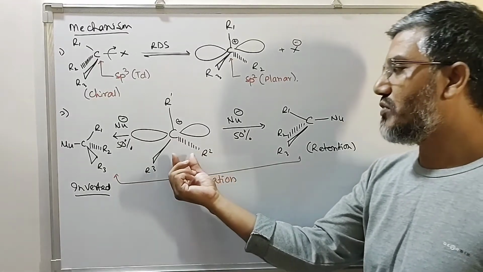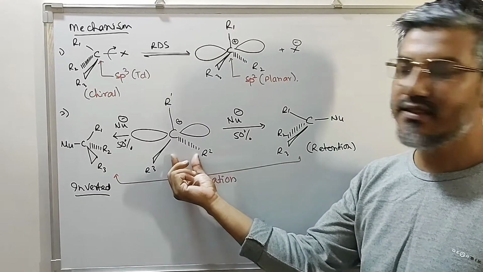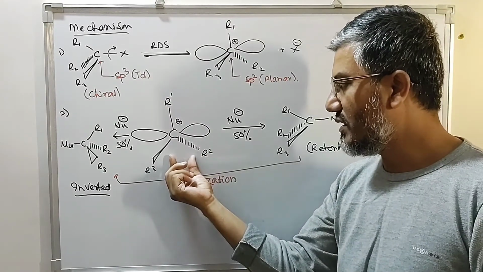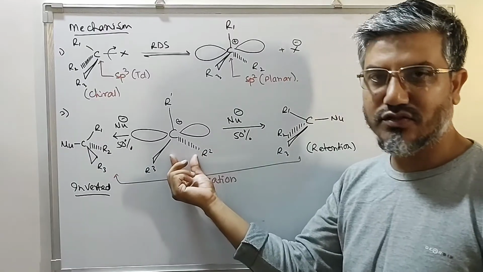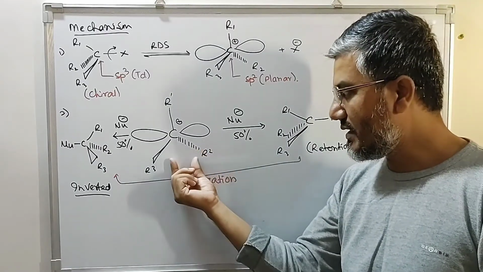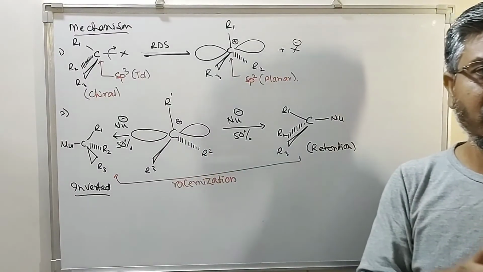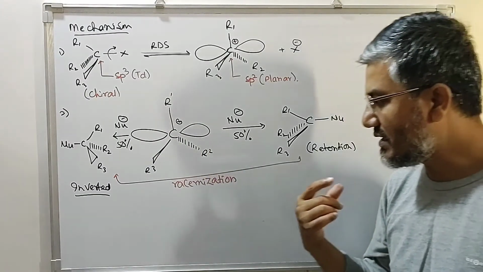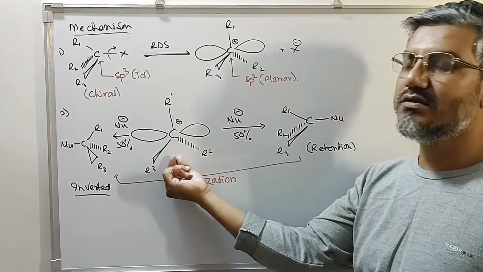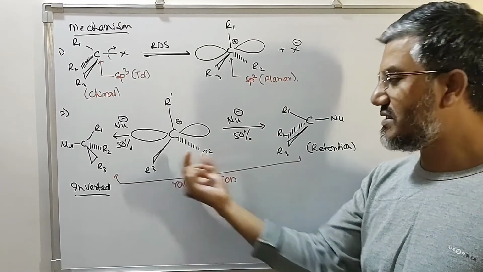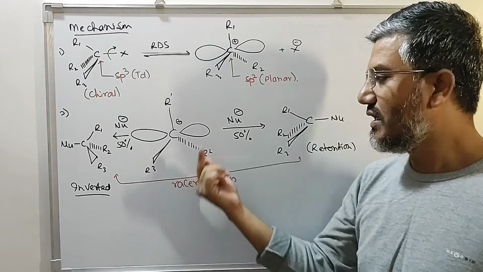If the cation is much more stabilized, it can exist longer in the solution. As it can exist longer in the solution, the chances for the 50-50 reaction will be more. So increasing the stability of this cation increases the chances for racemization.